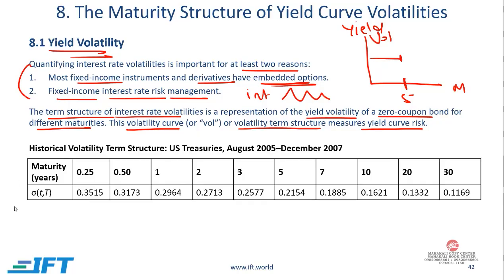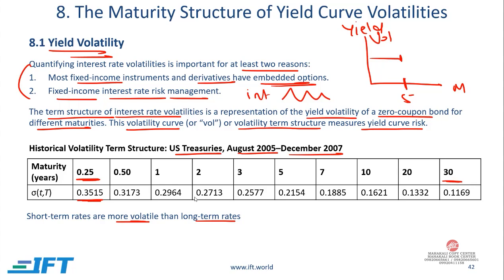Here is an exhibit from the curriculum which shows the historical volatility term structure for US Treasuries between August 2005 and December 2007. Notice that short-term rates are more volatile than long-term rates. So the volatility here with 3-month Treasuries is much more than the volatility of a 30-year government bond.